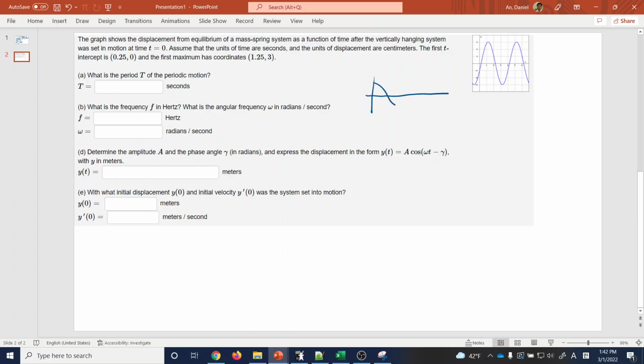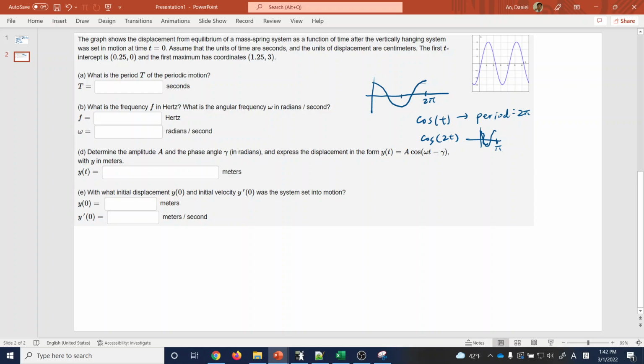It looks like this, where this is 2 pi, right? And you see that cosine of t has a period of 2 pi. If you put a 2 in front, it's going to compress sideways so that this graph will look like the same thing, but it completes its period by pi.